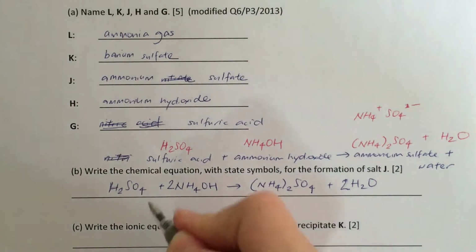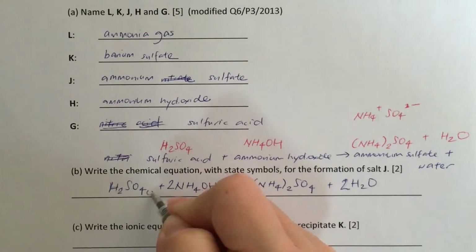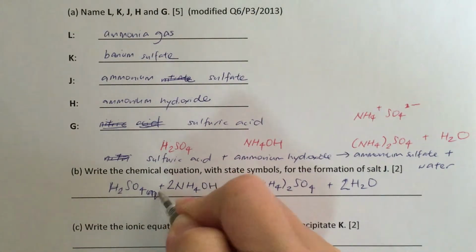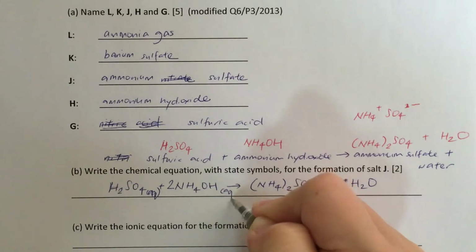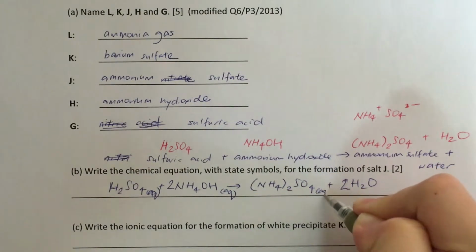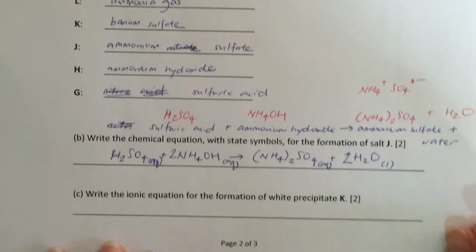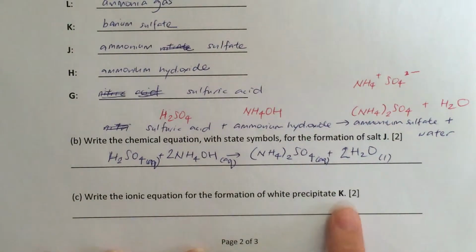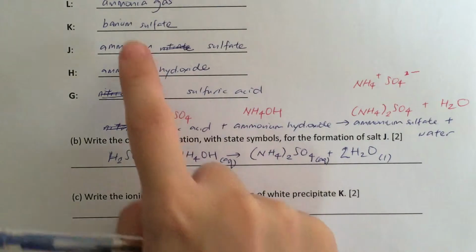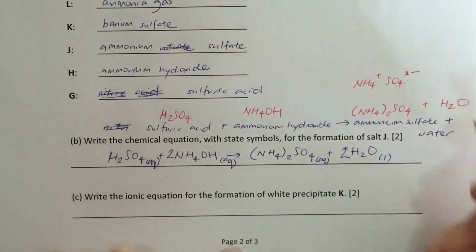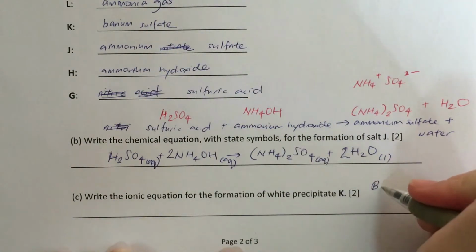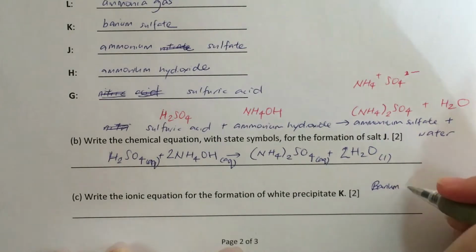Okay, so now that it's balanced, we add the state symbols. Acid must be aqueous, AQ. Alkali must be aqueous, AQ. Ammonium sulfate, all ammonium salts are soluble, AQ. Water is L, remember small letter L. Now the white precipitate K is barium sulfate.